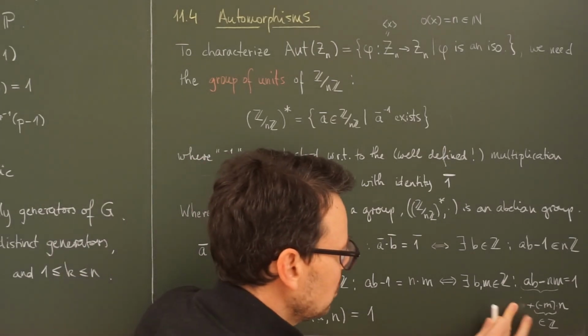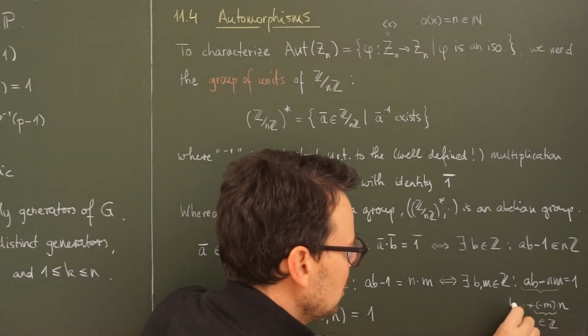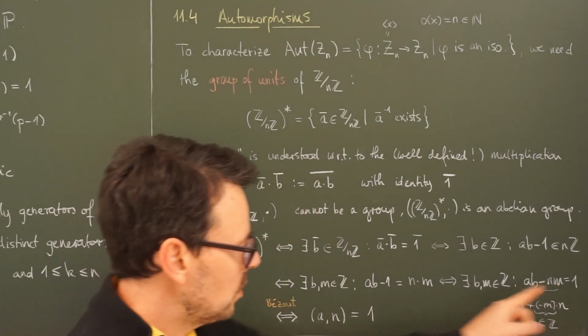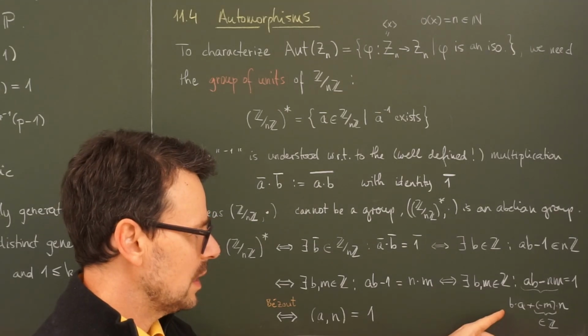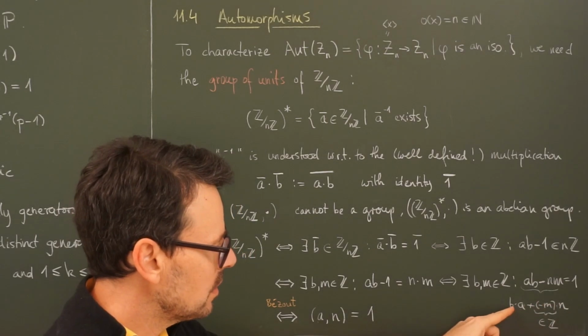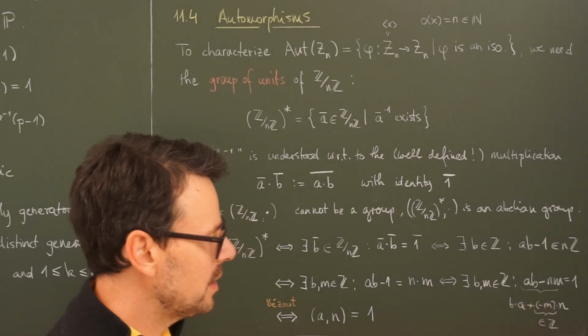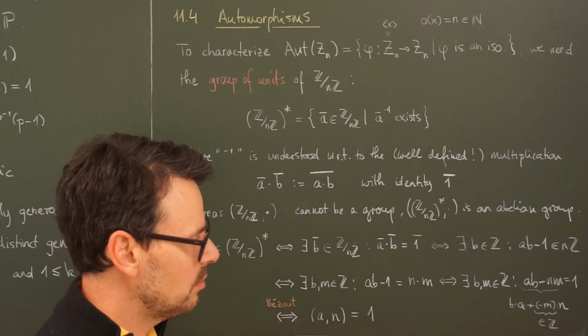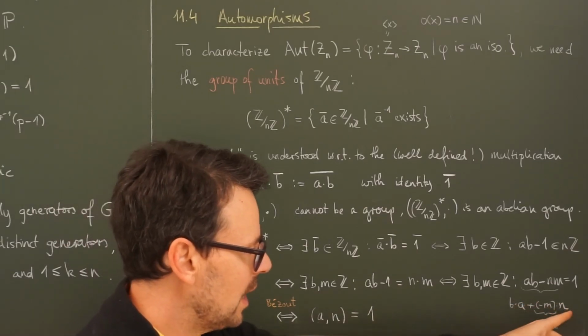So, and here I could write B times A. So what we have here is a so-called Z linear combination of A and n, because here the coefficients B and minus m are integers. So this is an integer linear combination of the numbers A and n.